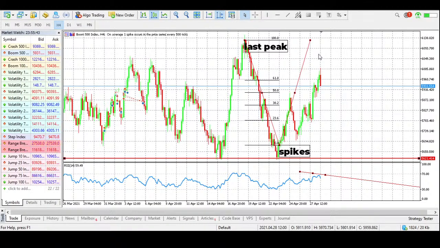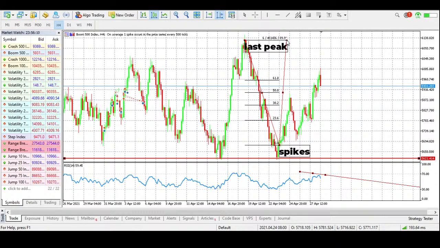I would go for 23.6 to 61.8 levels. So if this spike is going to start, I believe it's going to probably end here and turn back again, or end there, turn back again, and at most end here and turn back again. But I don't believe it's going to hit 100 immediately.